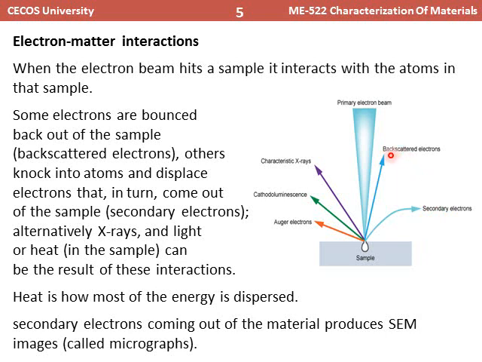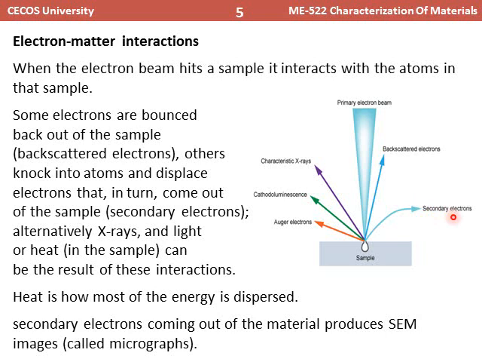The energy level of backscattered electrons will be totally different from the secondary electrons. That's why the detection level of both detectors will be totally different. Definitely the image formation of backscattered electrons will be totally different from the secondary electrons.